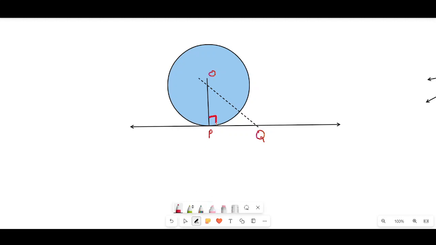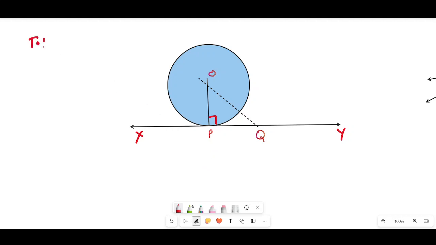This is a perpendicular. Clear? So we are given a circle with center O and tangent XY. Suppose that this tangent is XY to a circle at a point P. We need to prove that OP is perpendicular to XY.